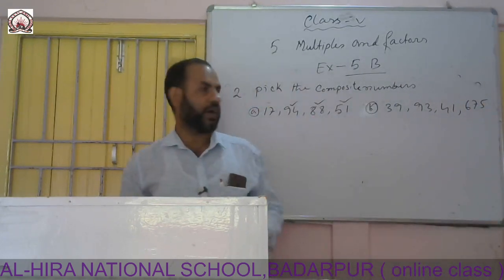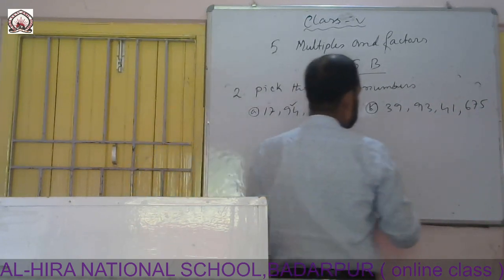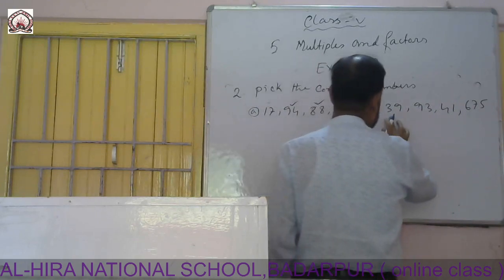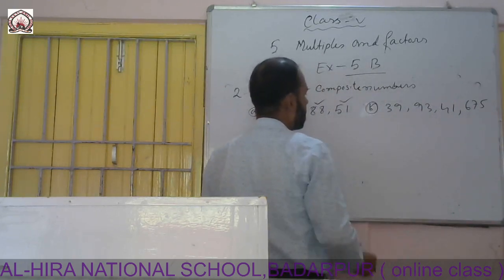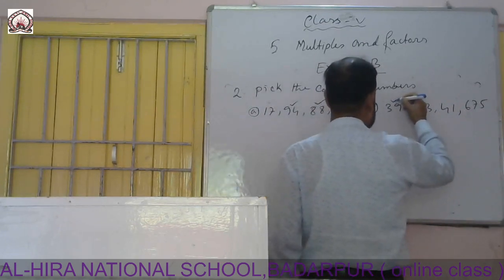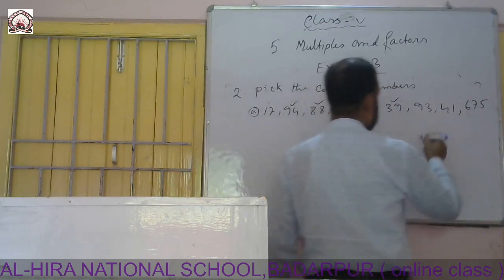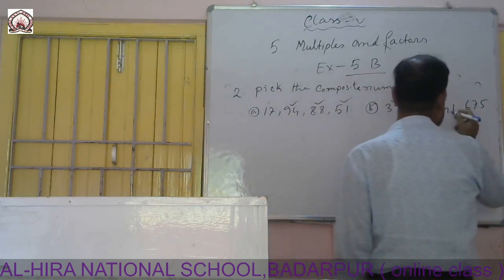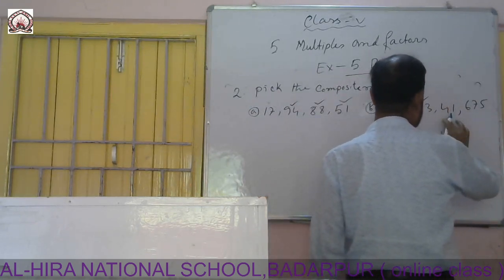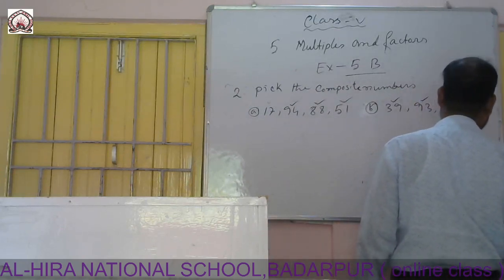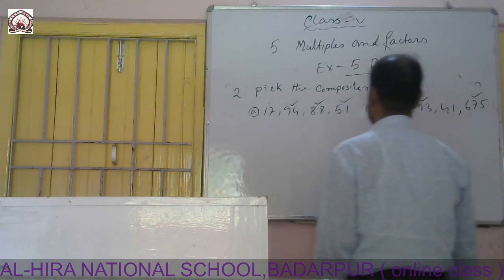So here we found 39 also has more than 2 factors, so it is a composite number. 93 has more than 2 factors, only 41 is a prime number, and 675 is a composite number.